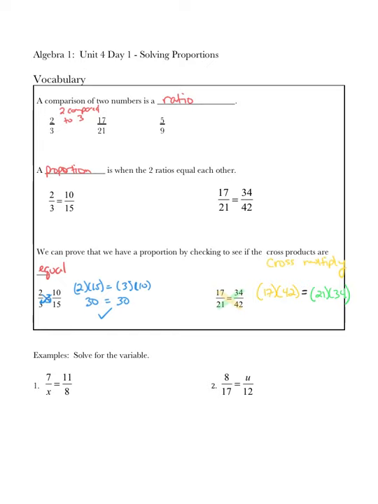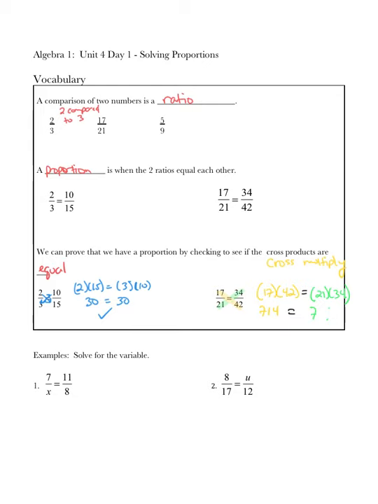So we have 17 times 42, and that is 714. We'll see if it equals 21 times 34. And it does. So each one of those cross products is equal. All right, we just proved it.